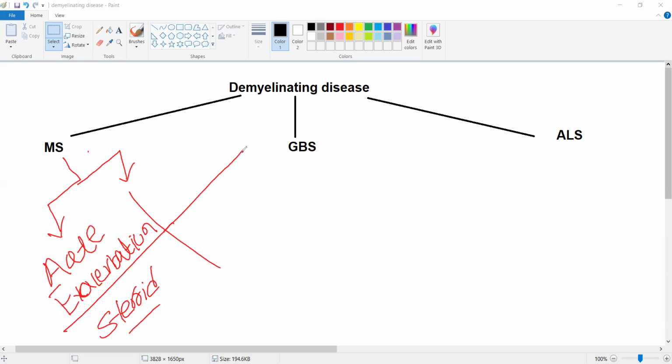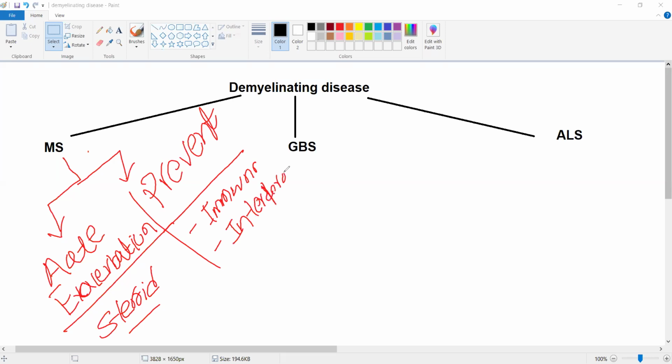And what about preventing further episodes? We use immunomodulators, right? Interferon. Okay. There is symptomatic treatment as well for multiple sclerosis.